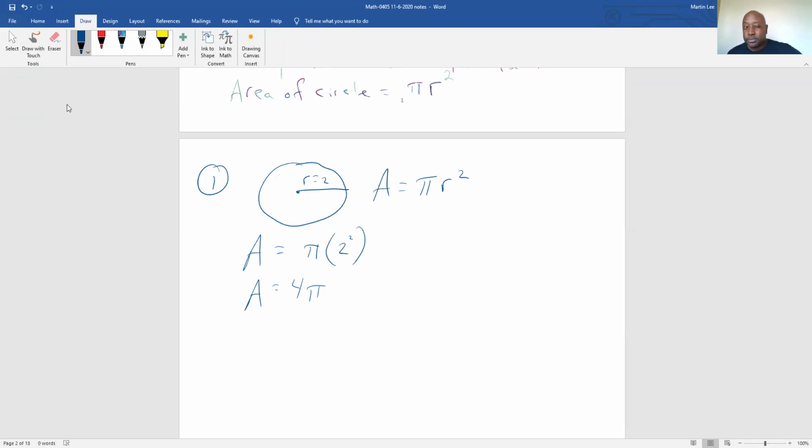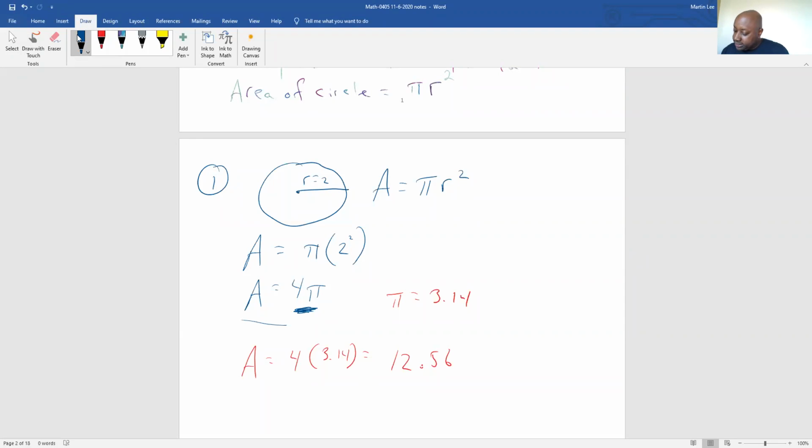Looking through most of the problems in Newton, your answer is going to be left like this. Now, if they tell you in the instructions that pi equals 3.14, then you would substitute A equals 4 times 3.14, and then multiply that together to give you 12.56.